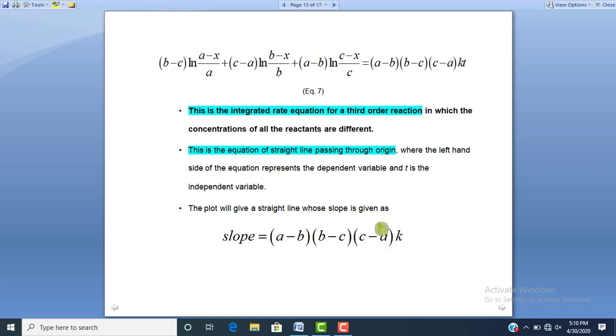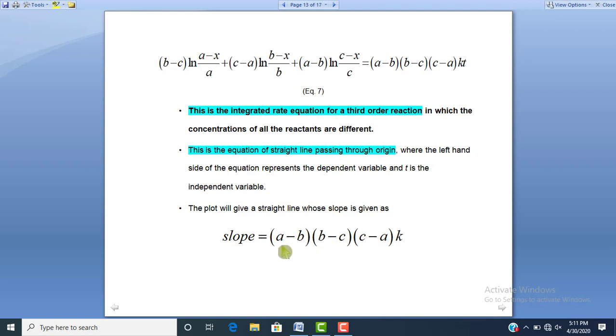Because if we plot a graph, along the x-axis we take the time, and along the y-axis we take the concentration expression, then we will get a graph in which a straight line will pass through the origin. So this is the equation of a straight line. And the slope of this graph will be a minus b into b minus c into c minus a into k.